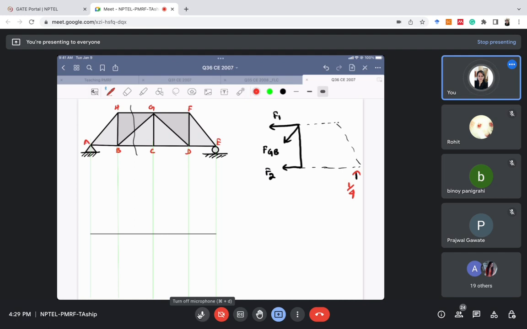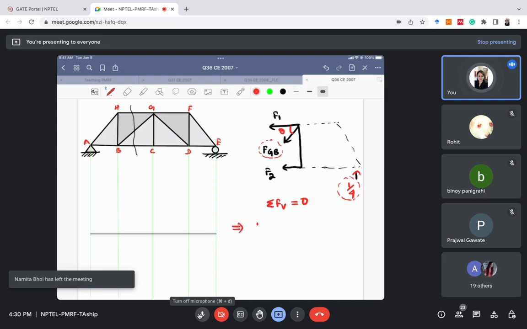Now the third step is to satisfy the vertical equilibrium. The vertical equilibrium is summation of force in vertical direction to be 0. So what are all the forces in vertical direction? This one, 1 by 4. What else? FGB. Let's call the angle theta, it doesn't matter. So the sine component of FGB.